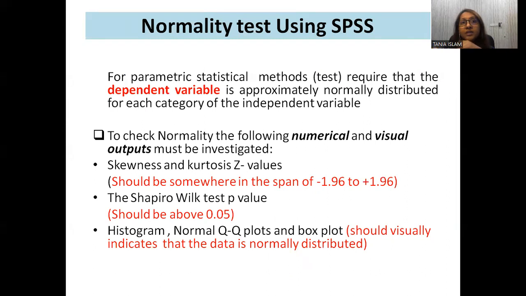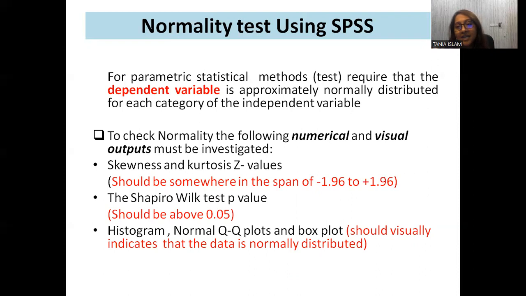Suppose you are checking how satisfied your patients are after the surgery. Patient satisfaction is your dependent variable, but the independent variables could be, like, is it male, female, or do they have any comorbidity or anything.